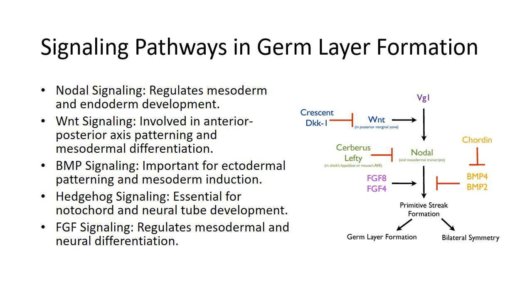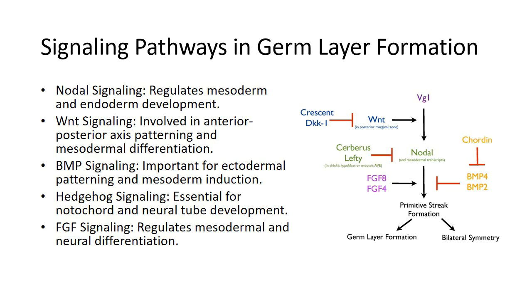It plays a critical role in forming the epidermis from ectoderm. Hedgehog signaling: Hedgehog signaling is essential for notochord development and neural tube patterning, which is essential for proper mesodermal and ectodermal differentiation.